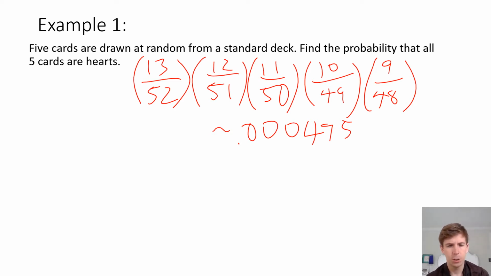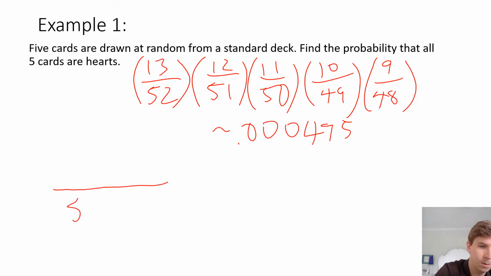So let's try this using combinations. We've danced around this idea a little bit already. I'm going to think of this as theoretical probability, desired outcomes over total outcomes. In my denominator, if we have 52 total cards, how many ways are there to draw 5 cards?